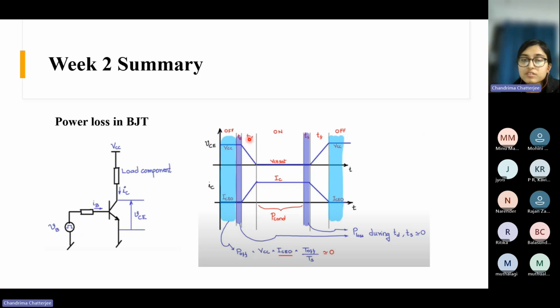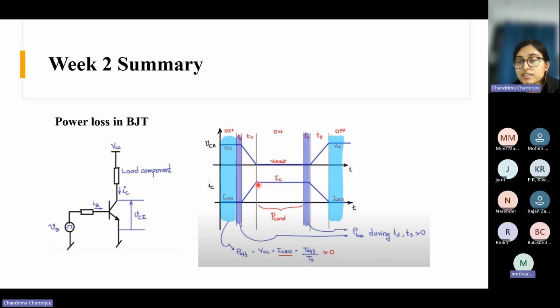So there is definitely some overlap between the voltage and current, right? Yeah, so there is some overlap between the voltage and current. So here the power loss will be significant.